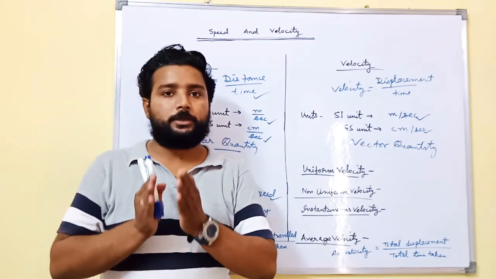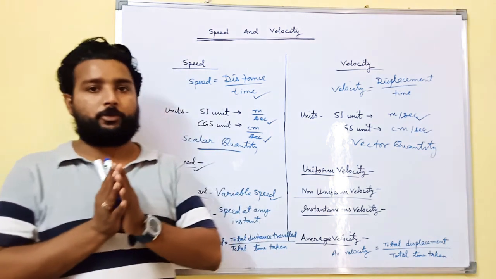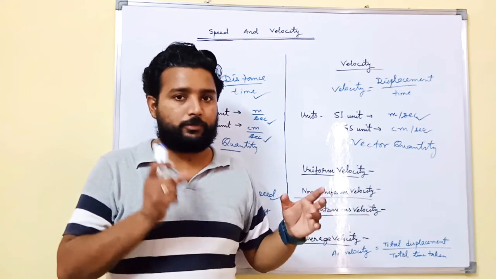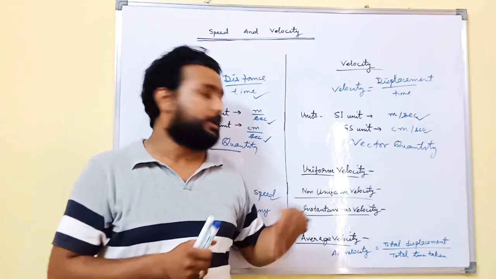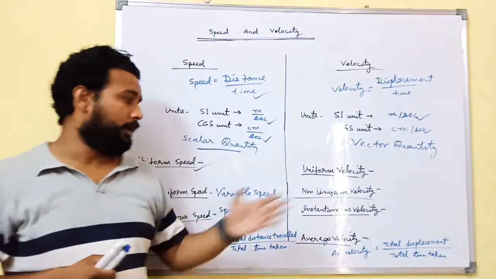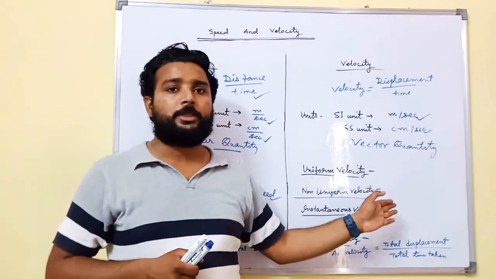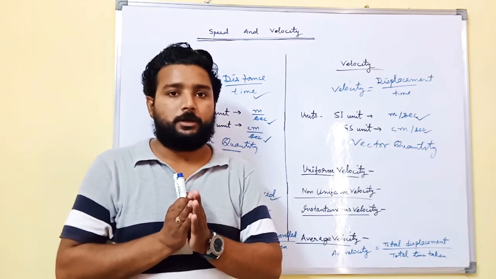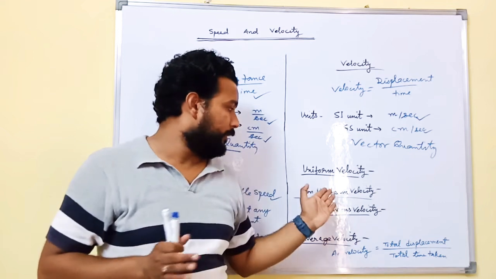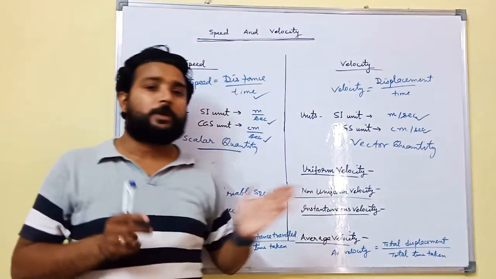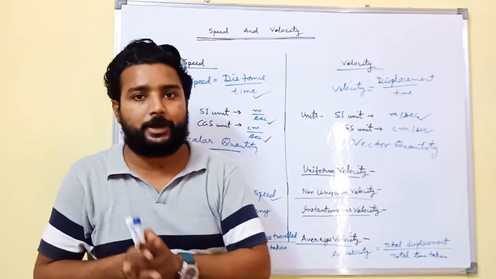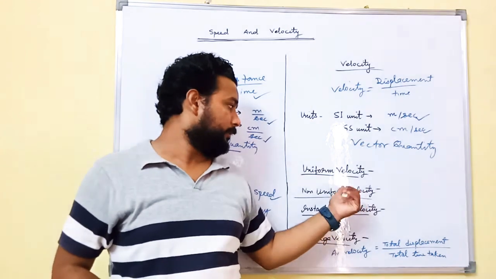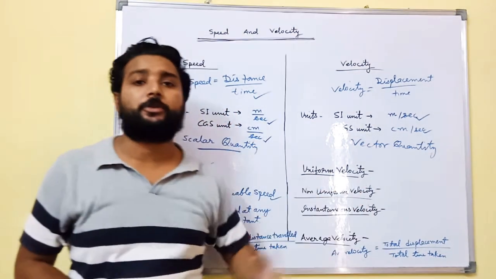It means if a body is moving in a fixed direction, then its speed will be the uniform velocity. Non-uniform velocity means if anybody covers unequal distances in equal intervals of time in a specific direction, then velocity is said to be non-uniform.